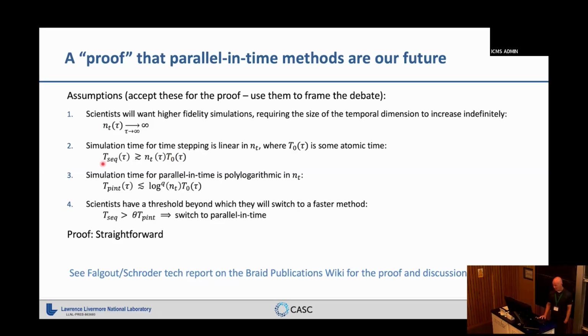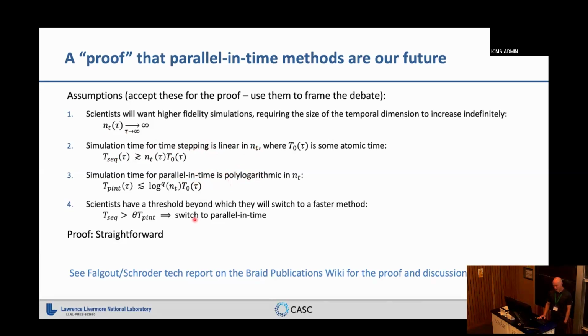The other two in the middle are that time stepping is linear in the number of points in time, and parallel time is polylogarithmic in the number of points in time. I think these are both reasonable assumptions because we can show that we have methods that do this, and I think it's pretty natural to see that time stepping is proportional to the number of time points.